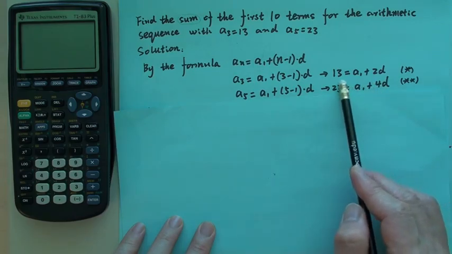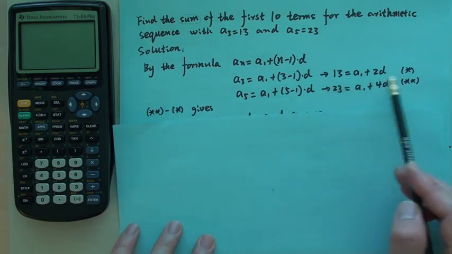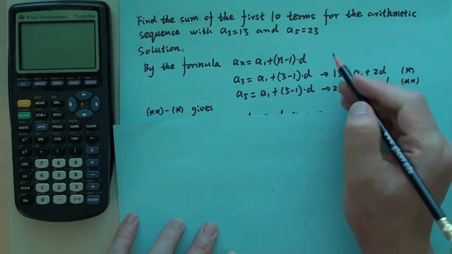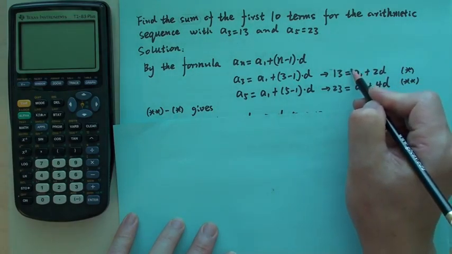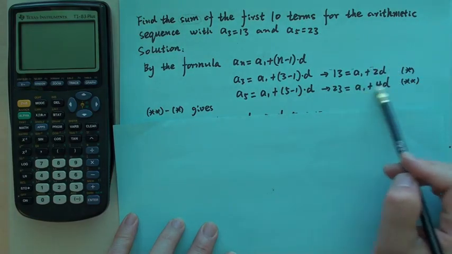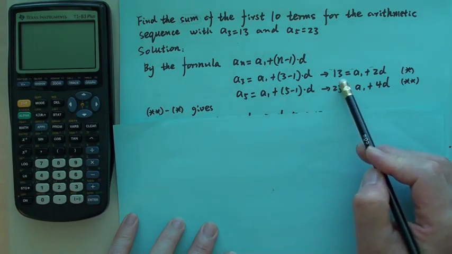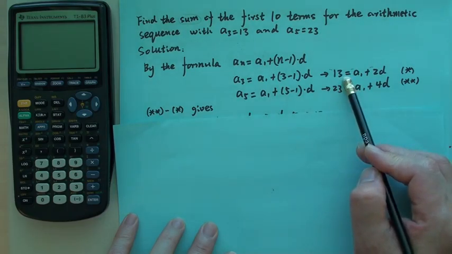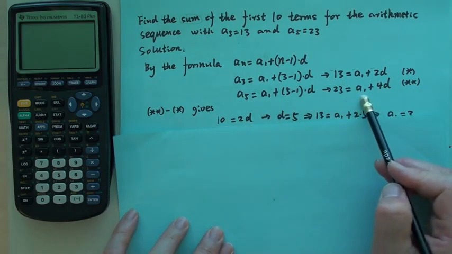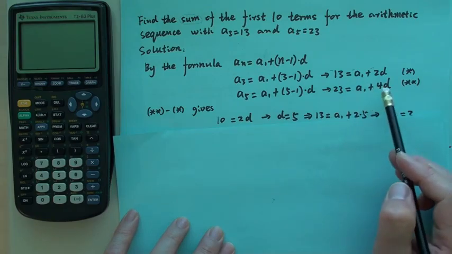Here is the way I did it. I used the second equation and subtracted the first equation, so you put negative everywhere. Second one, subtract the first one. Then 23 plus negative 13, you have a 10 on the left. Here is a1, here is negative a1, so they cancel.